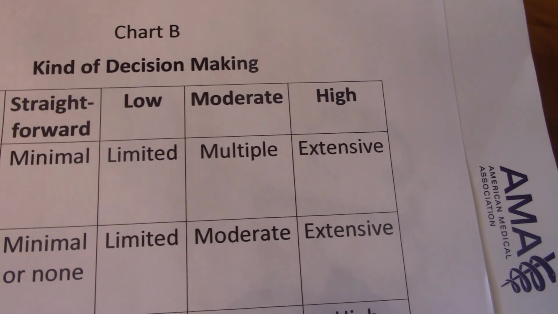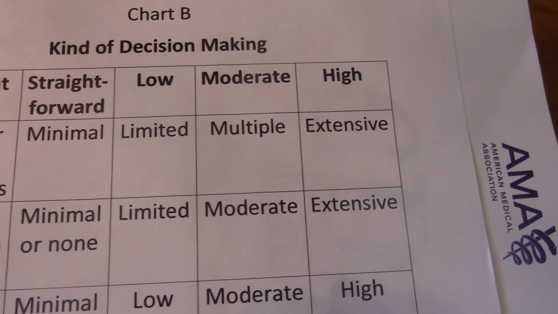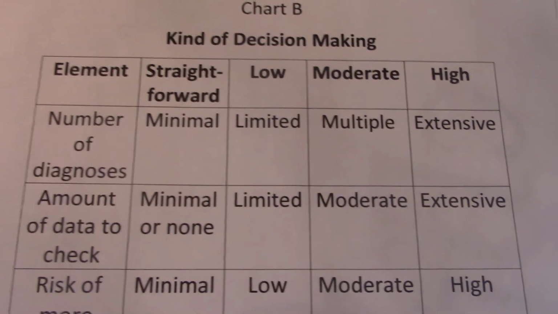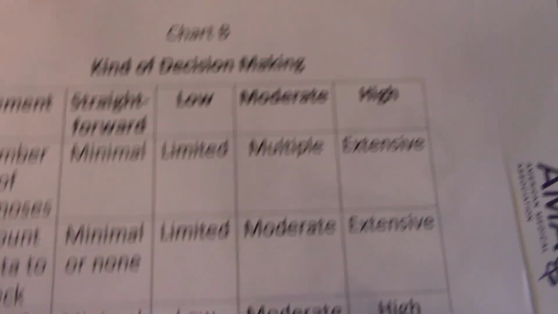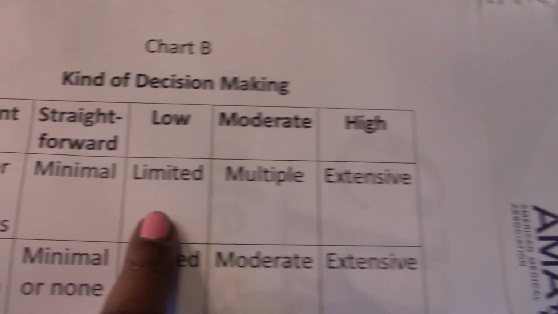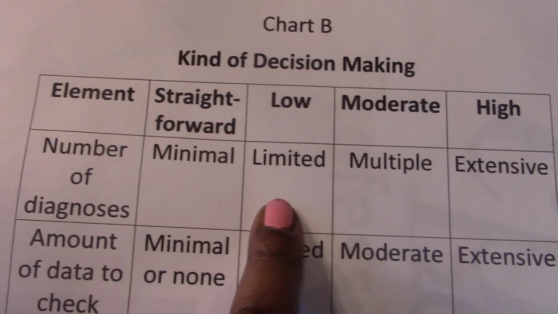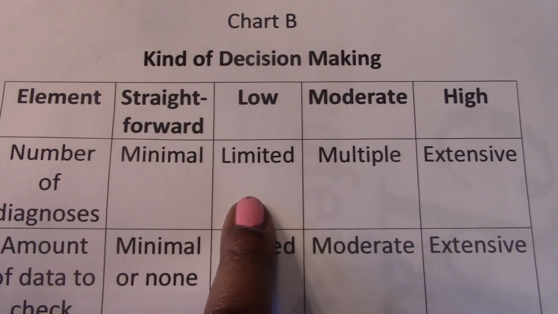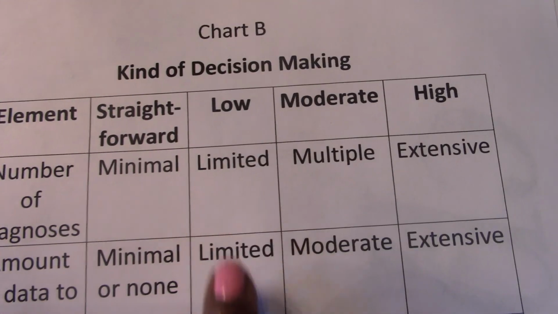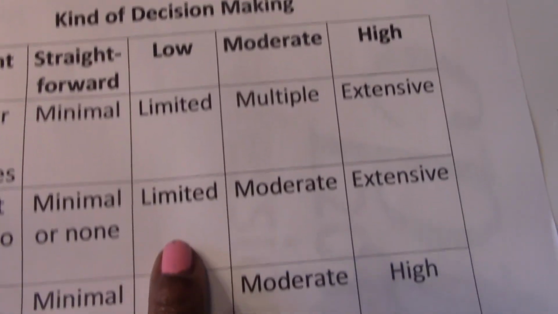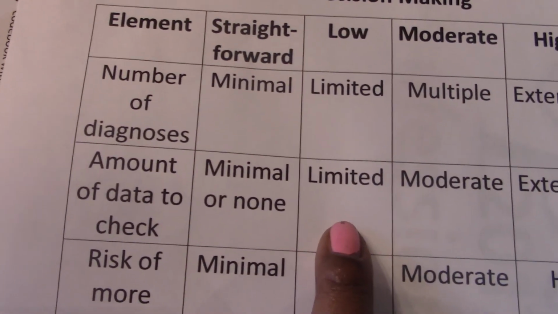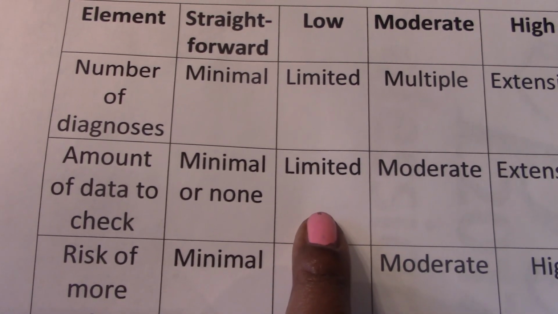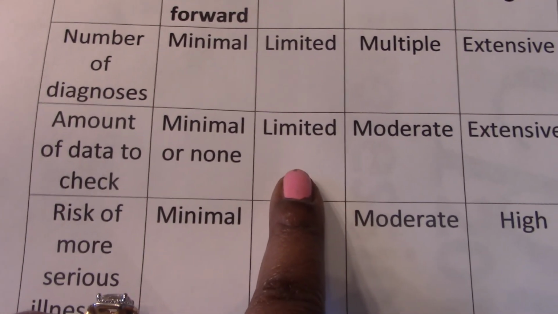Another example, let's say that your physician saw someone who had 2 diagnoses. All right, 2 diagnoses. So see the word limited? Number of diagnoses, limited. A limited amount of data to be checked. Amount of data to be checked, limited. And minimal risk of complication.